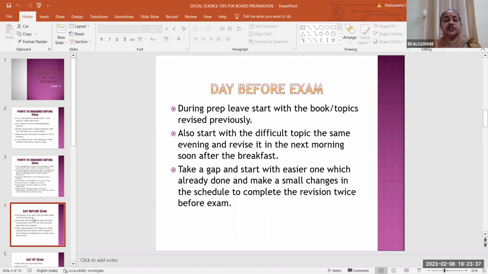So on 13th, when you're returning, you take rest. At 4 o'clock, you sit and start learning till you feel tired. Then you go to sleep.